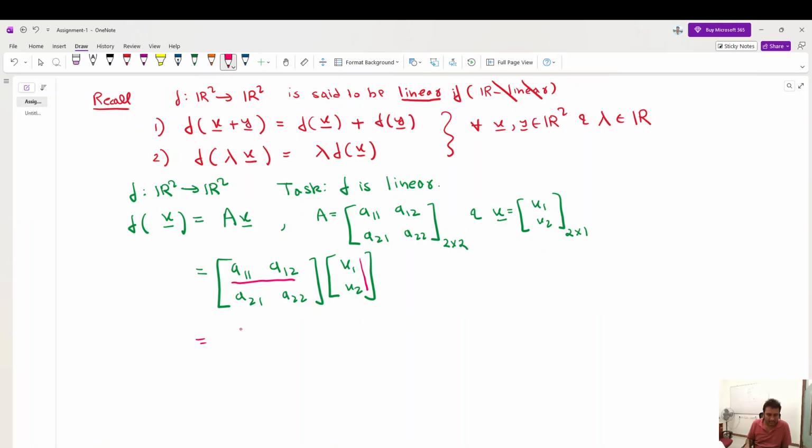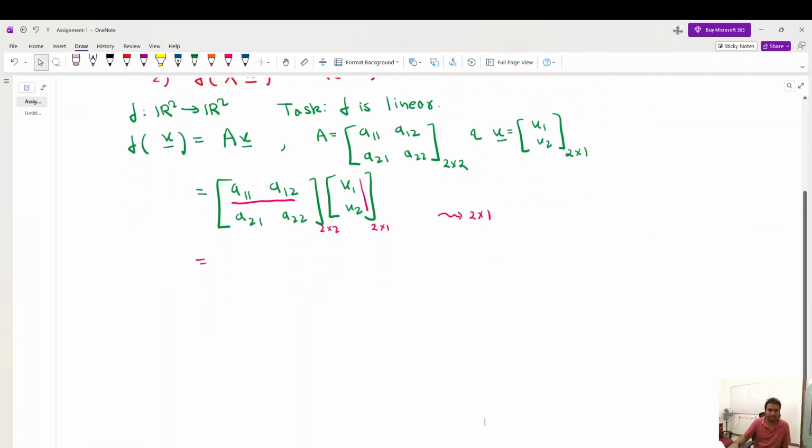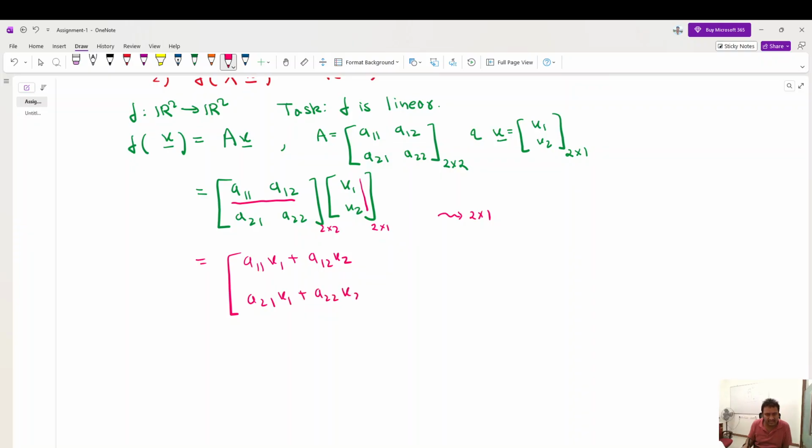This is 2 cross 2 and 2 cross 1, so the result should be 2 cross 1. So you multiply it, and what you have is A11 x1 plus A12 x2. This is your first element, and another one is A21 x1 plus A22 x2. That is what the definition is.